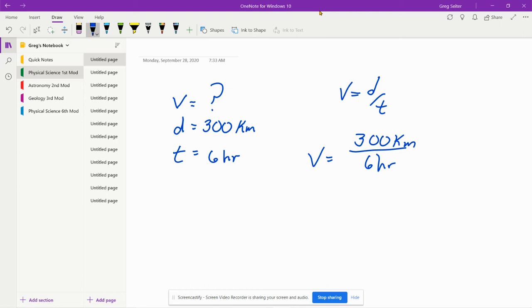I'm looking for my calculator, and of course, I can't find it. Anyway, what you're going to do then is divide this out. Now, you can't cancel units here. So since we can't cancel units, my answer is going to be in kilometers an hour. So how far did I go? You can figure that one out.